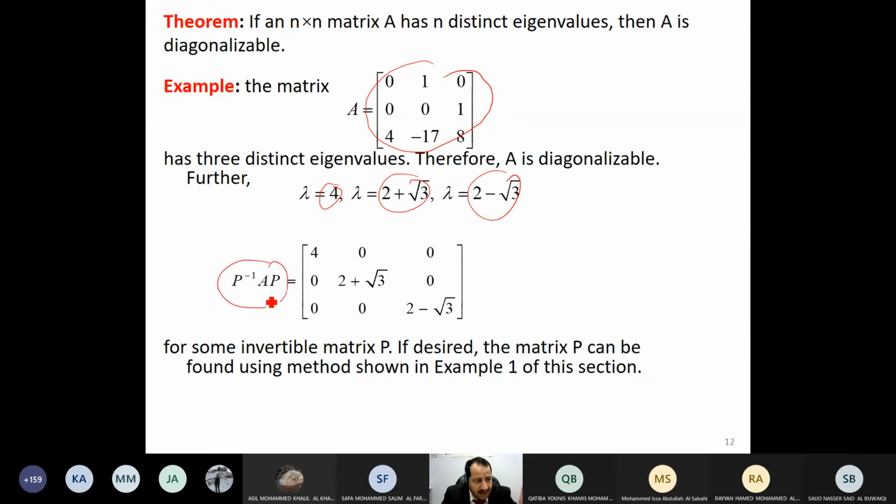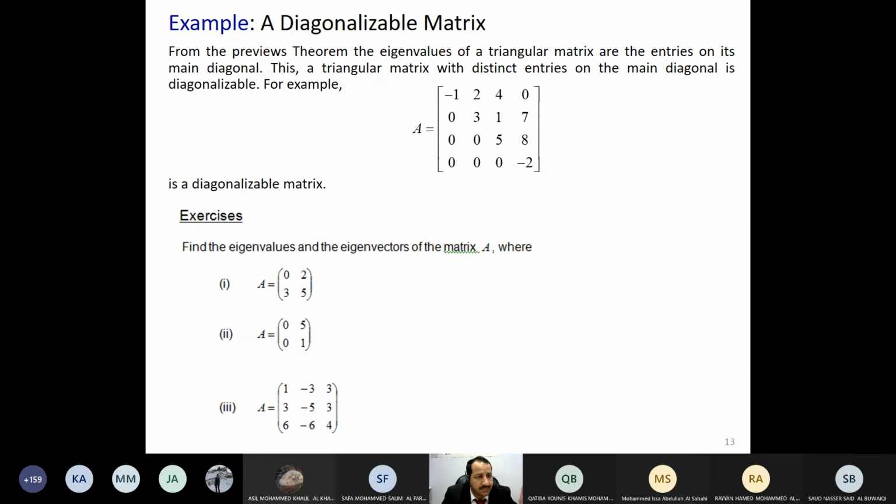I can write the relationship P inverse A P in this way, with the first eigenvalue, the second eigenvalue, and the third eigenvalue on the diagonal. Now, sometimes the matrix is large in size, as an example, this is 4 times 4. I don't need to talk about it more because we mentioned that we go for the row or column which has the highest number of zeros. So I take this column for the determinant, which at the end makes my task easy.